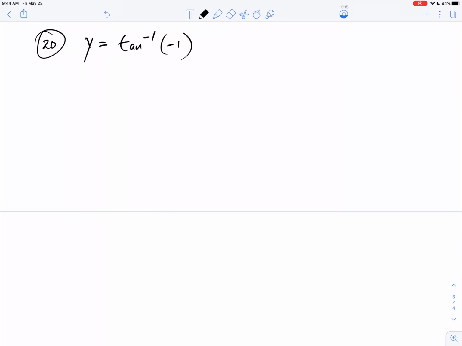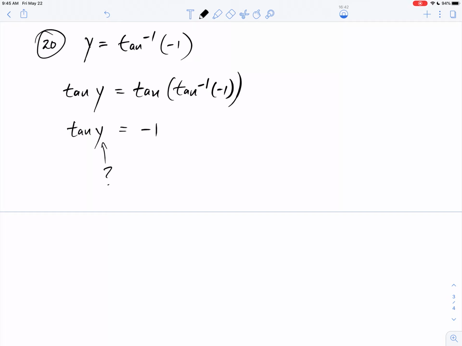They're picking on -1 right now, but it doesn't mean my answer for -1 is going to be pi over 2 or pi or whatever. No, I would take the tangent of both sides. Tangent of y equals tangent of tangent inverse of -1. Over here I get -1. Here I get a statement that says tangent of y equals that. So what is this angle?